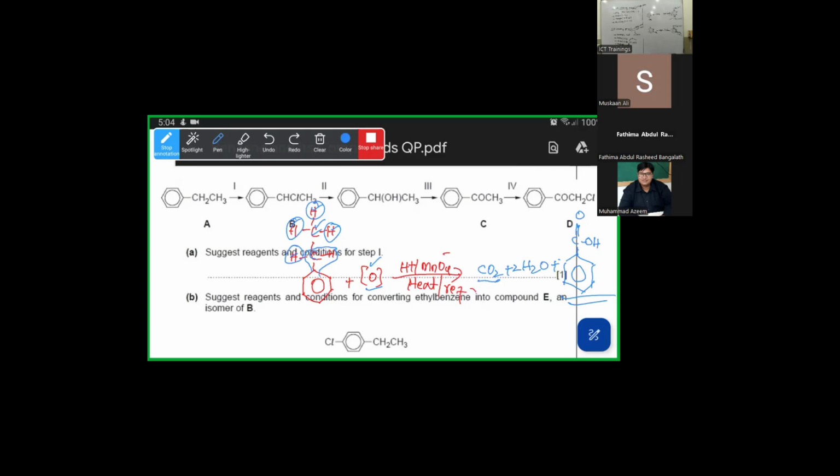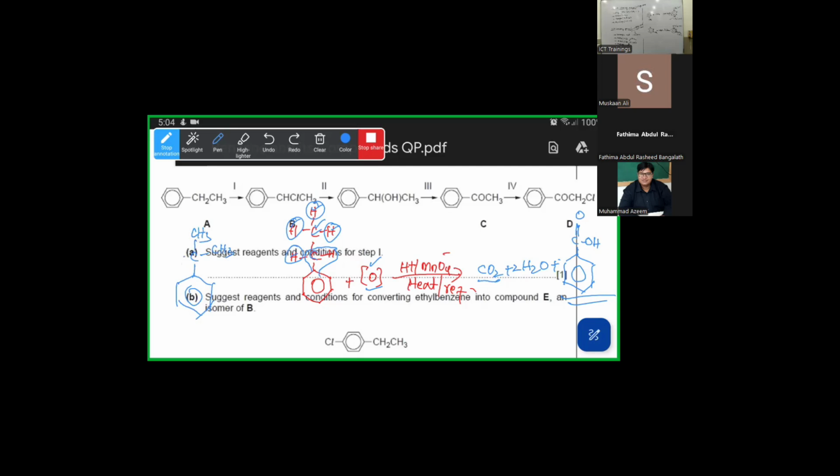So it means for oxidation, whenever you oxidise any alkyl benzene which has a carbon with at least one hydrogen attached to it, that alkyl benzene can undergo oxidation. If you got an alkyl benzene like that, let's suppose carbon, this is CH3, this is CH3.